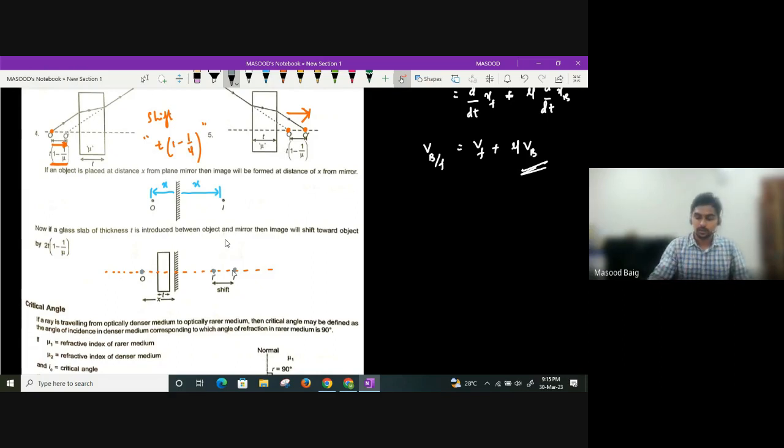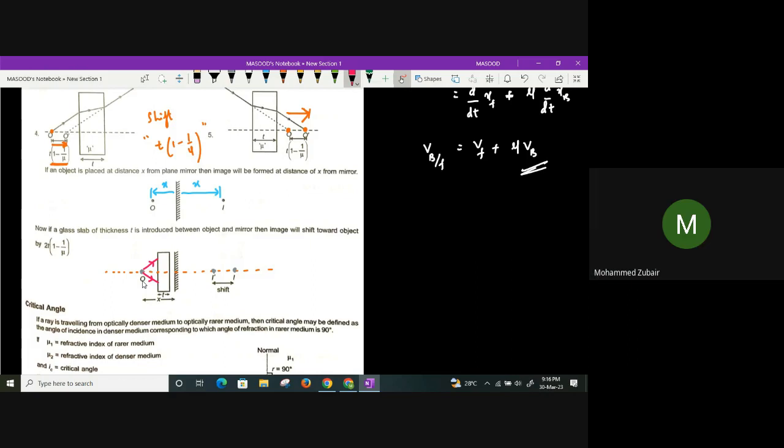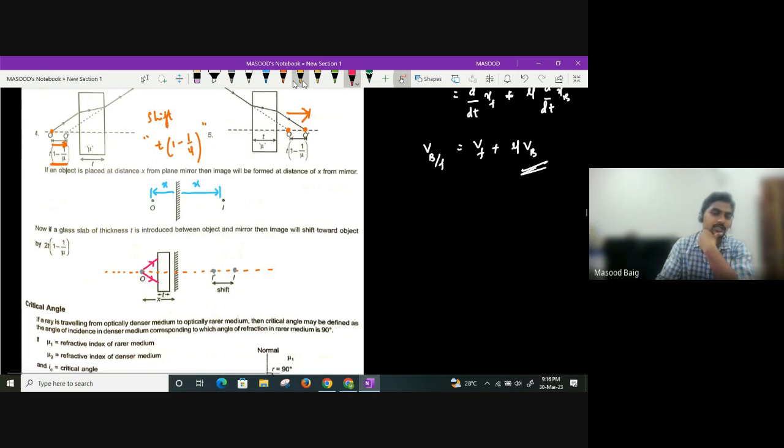Clear, all of you? Now you see, from object, which type of incident rays are falling on the slab? Can you please tell? Divergent type. Yes or no? For divergent type of rays falling on the slab, what will happen to the object?